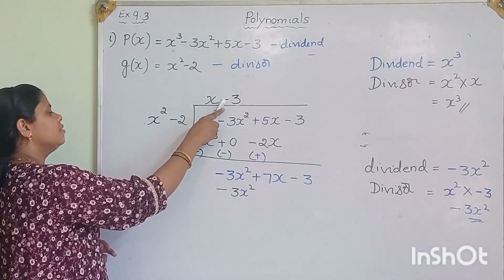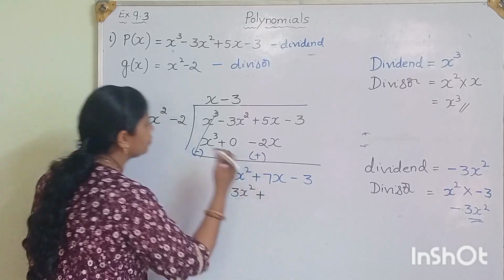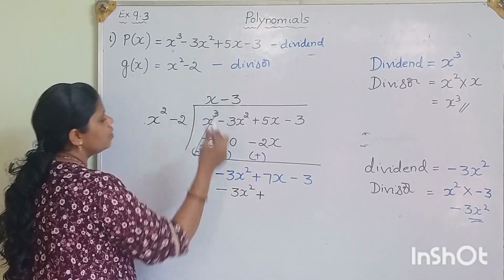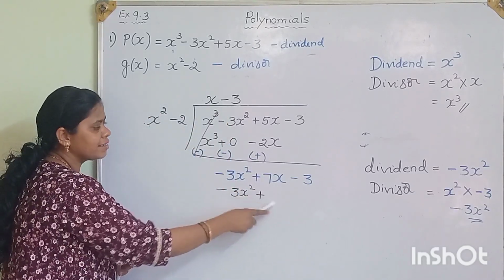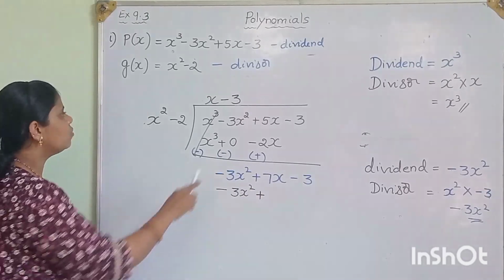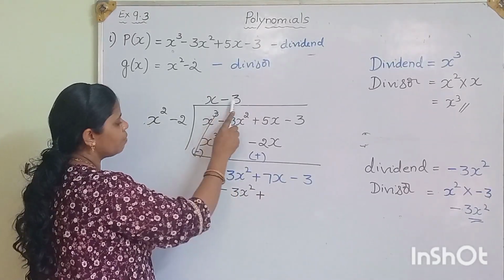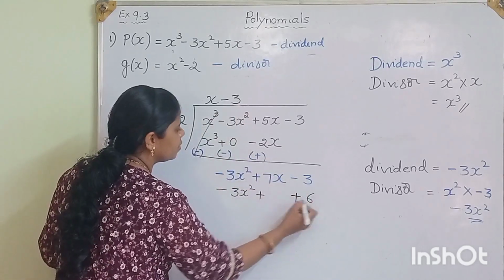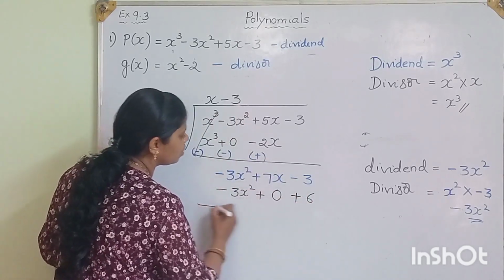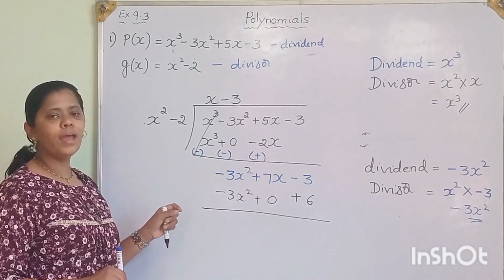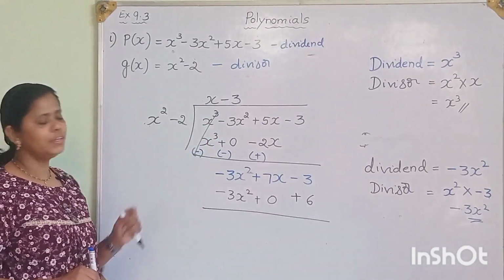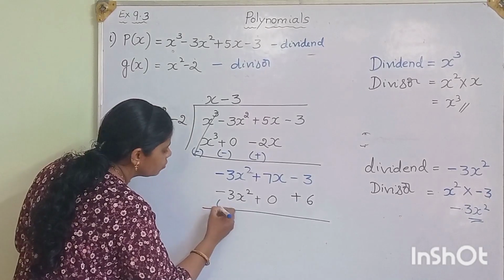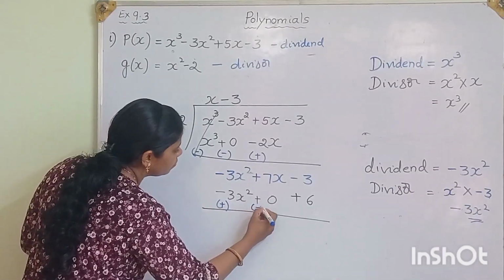Minus into minus is plus. 3 2s are 6. Again, the x term is missing, so let me write 0. And we know that we will subtract in division, so let us change the sign.